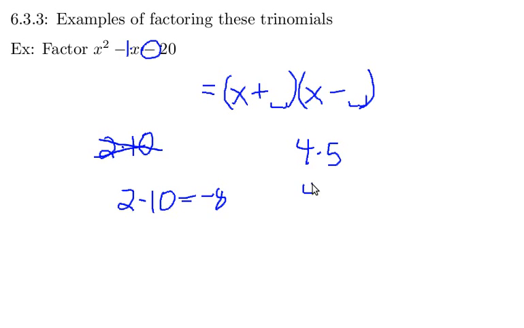So we have 4 minus 5 equals negative 1, which is what we have here. So that means that 4 and 5 are the right numbers. And like I said, the 5 goes with the minus. So we have 5, 4. So let's go ahead and do this on a new line. So we have x squared minus x minus 20 equals x plus 4 times x minus 5.